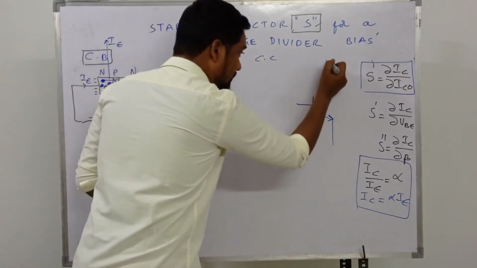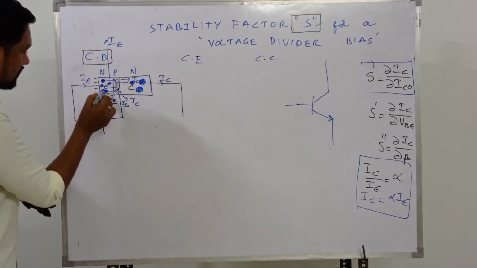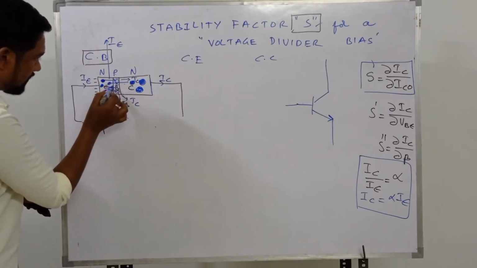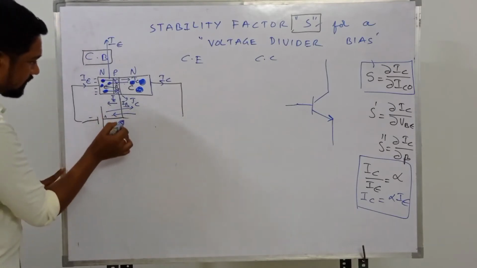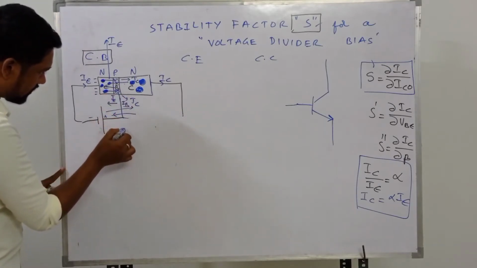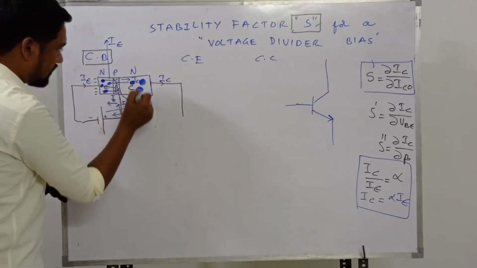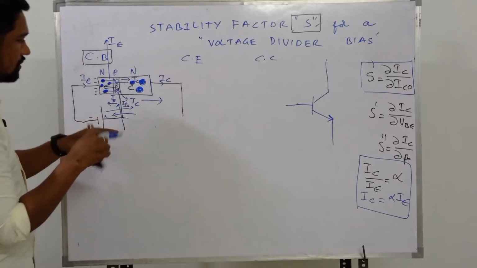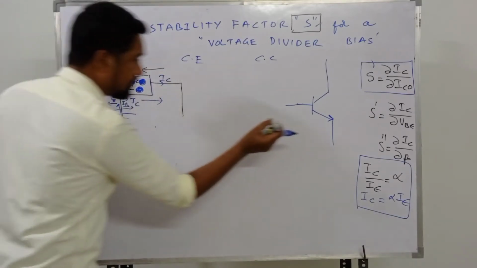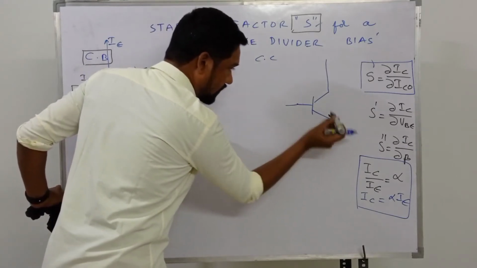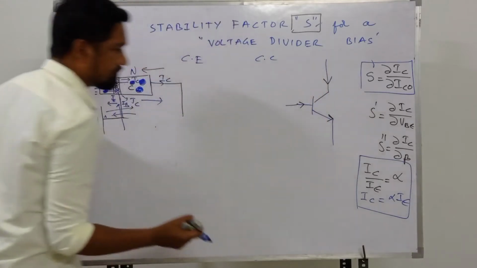From that discussion we make an important conclusion: wherever electrons go in one direction, holes go in the opposite direction. So the hole current will be towards the emitter. For that reason, we have conventional current this way, the base current towards this side, and the collector current also this side.